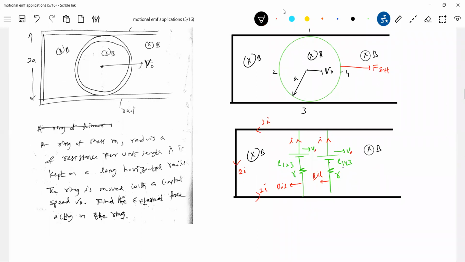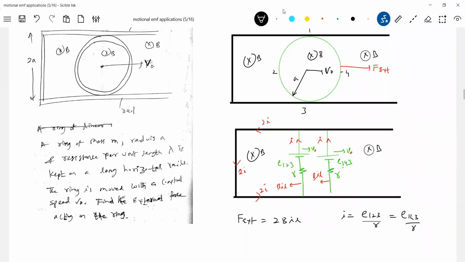Straight away, let's get into the problem. F external equal to 2BIL. What about I? E123 by R or E143 by R. Well, the same current will flow in both the parts of the ring. Yes, the same current will flow.